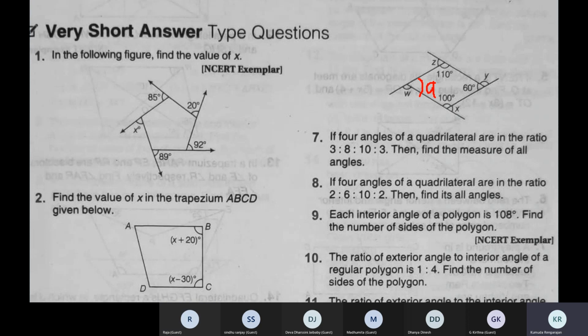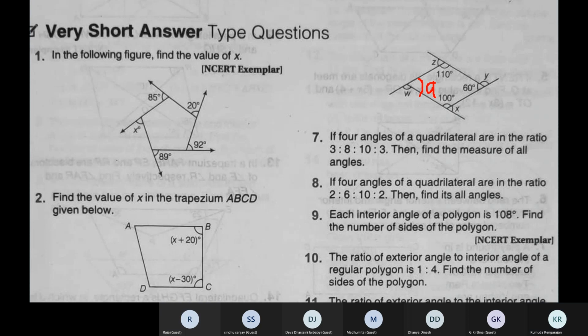Yeah, I want you to continue from there. So ma'am, she's found A. A is equal to 90 degrees. Yes. Now with A, which angle are you going to find? W, ma'am. Yeah. What is the relationship between A and W? What will you write?